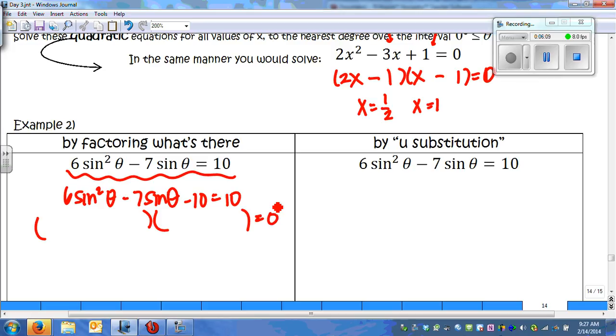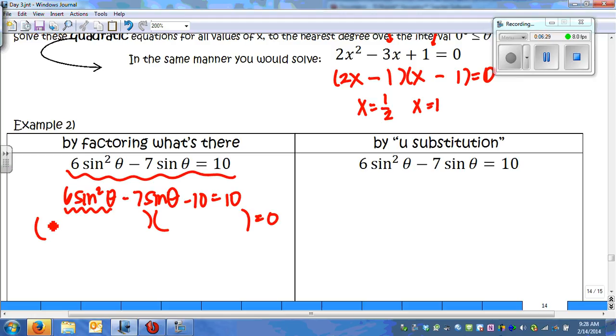And here we go. The first question you should be asking yourself is what two things multiply to 6 sine squared theta. Now you could either use 6 theta and 1 theta, or 6 sine theta and 1 sine theta, or 2 sine theta and 3 sine theta.